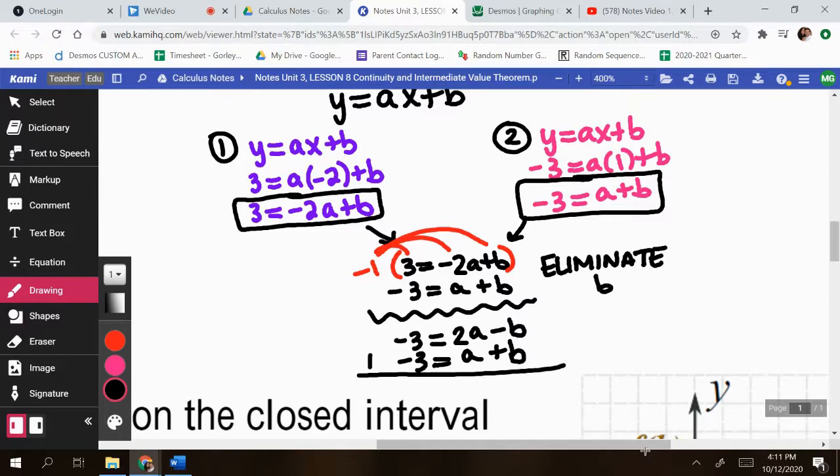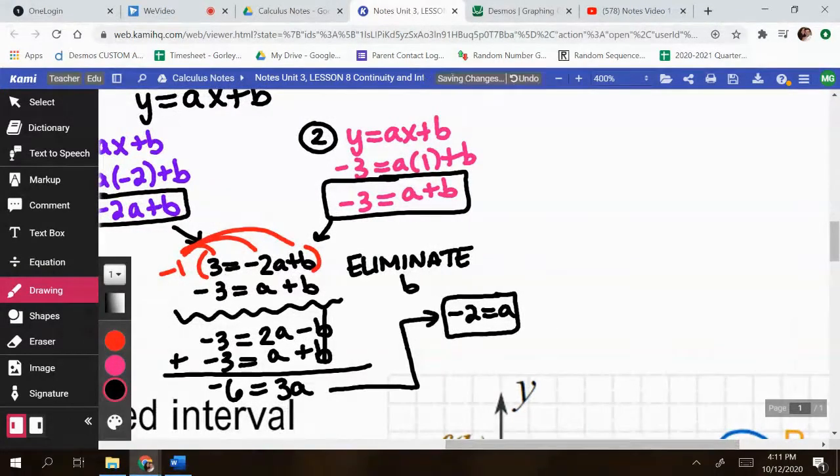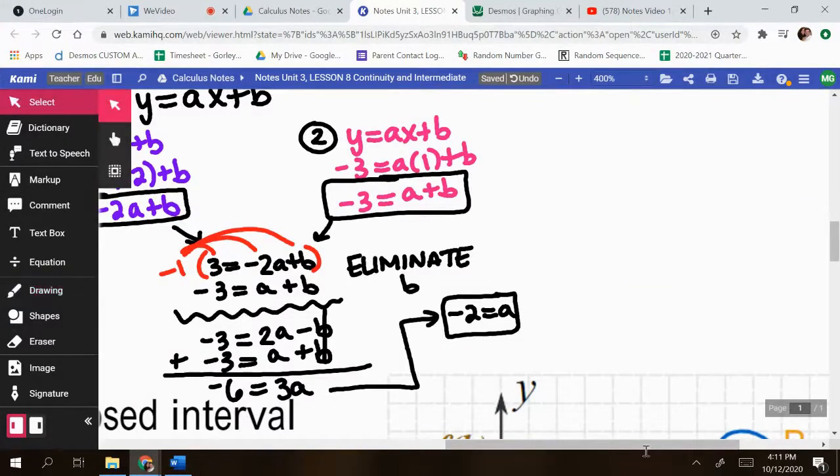And now you can see if we add these together, we're going to end up getting -6 = 3a, and the b's cancel. So I'm going to end up with negative 2 for a. Now I'm not quite done yet. I still have to get what b is equal to.